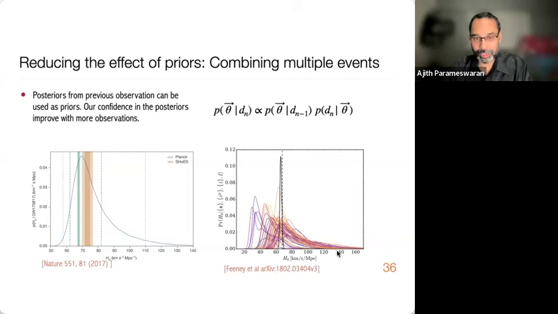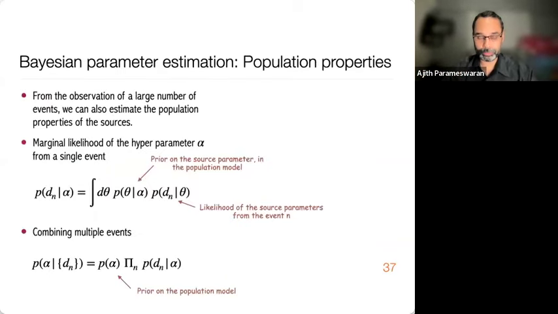So each of these colored distributions is one measured or one future measurement that one will anticipate. And when you combine these future measurements, you get a much more accurate and precise estimate of the Hubble constant. So it shows how you can combine multiple measurements to improve the posterior of common parameters.